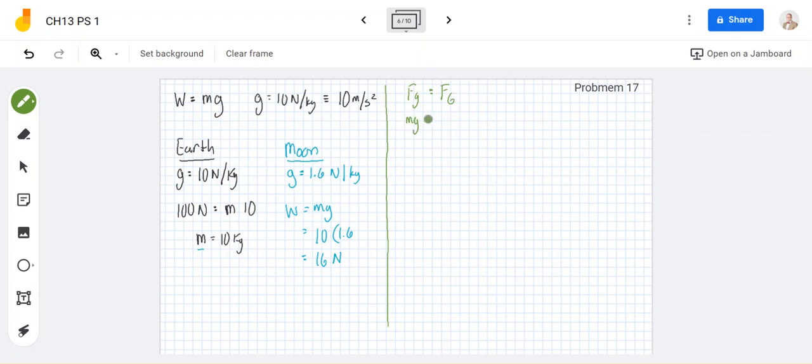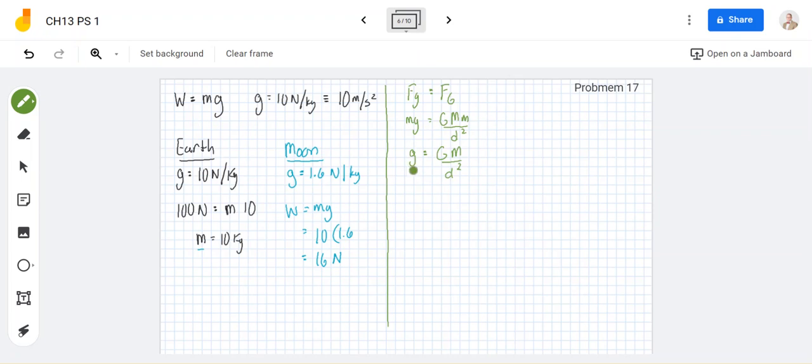So little mg is equal to big G, big M, little m, all over d squared. So if you want to calculate the g value near a planet, you can take the planet's mass, and d is the distance from its center. So we're talking about the Earth again.